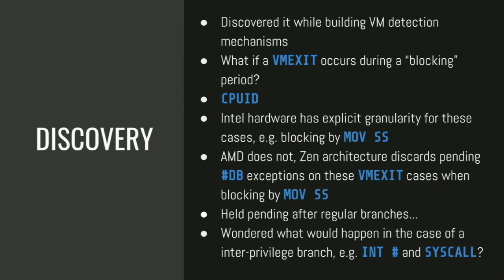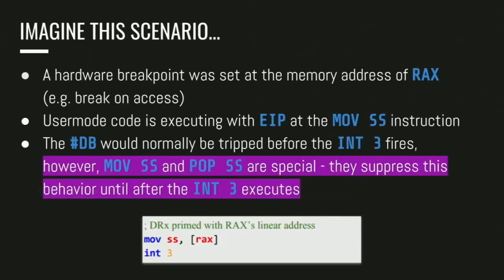And what happens if we do an inter-privilege interrupt? The two ways that we can do that in user mode are with int or syscall. If you look at the assembly at the bottom in white, what's important here is that RAX is actually primed with debug registers.